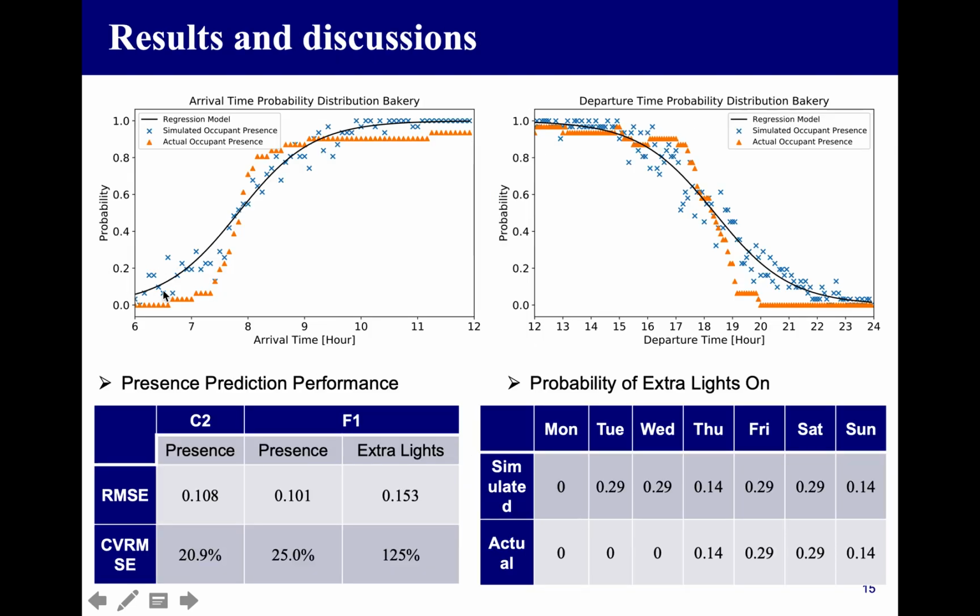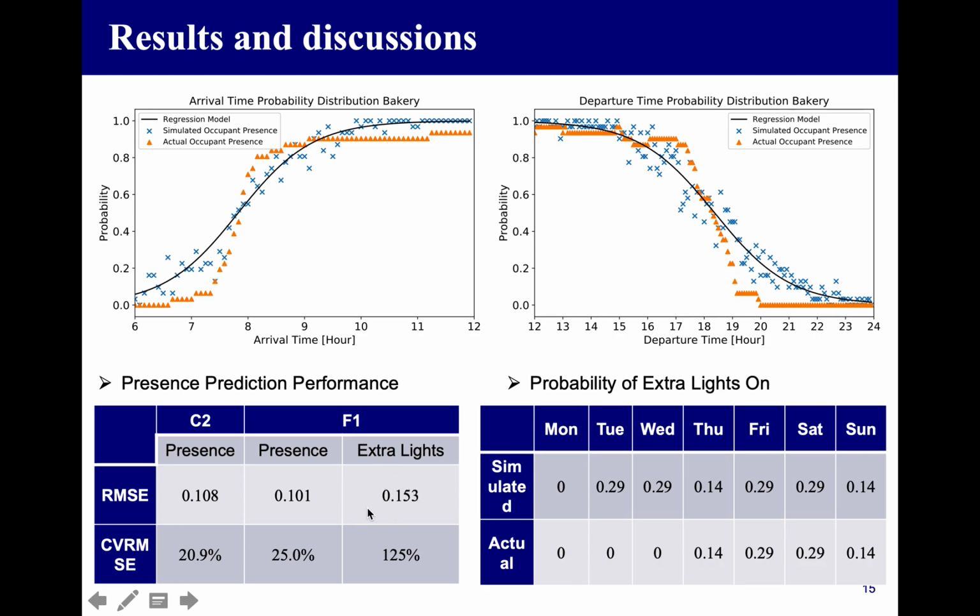And here are some more results for the probability of the bakery models. We see they basically align with each other very well. And here's the RMSE for each of the models. For presence prediction, the RMSE is about 0.1, but for extra lights, it's 0.15.